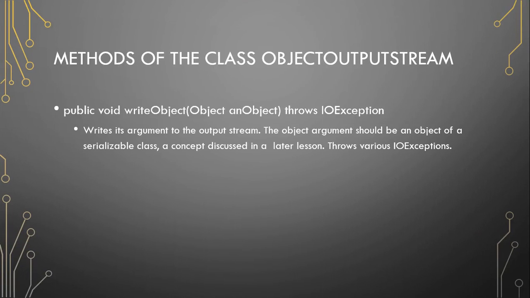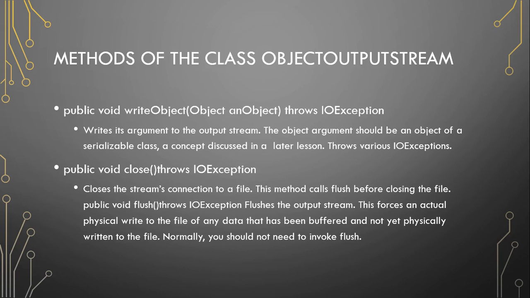All right, we also have writeObject, which writes an argument to the output stream. The object argument should be an instance of the Serializable class, which is a concept we'll discuss in later lessons. We'll talk about what it means to be serialized. Now, of course, this class can throw various IO exceptions because obviously you're not just writing an int or a char. Public void close throws IOException.